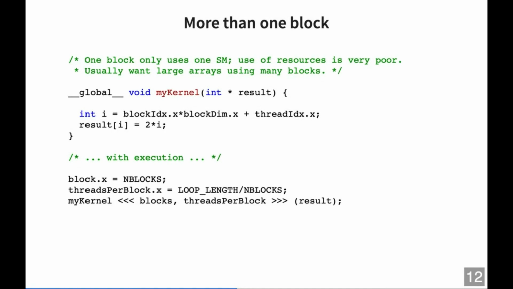If one wants to use a lot of blocks, one then needs to start to think about splitting up the problem space into blocks, and then a global array index would be computed as a function of where you are in the block picture, and then where you are in the thread picture within each block.